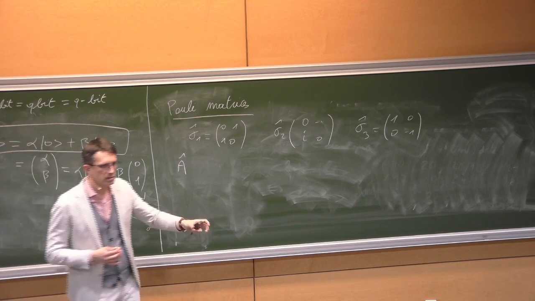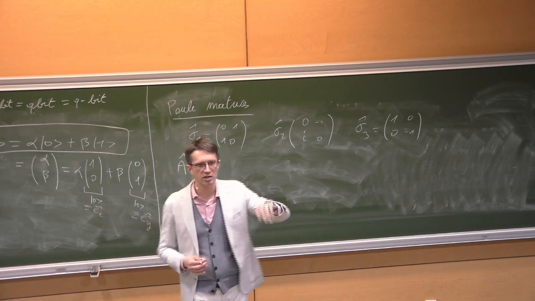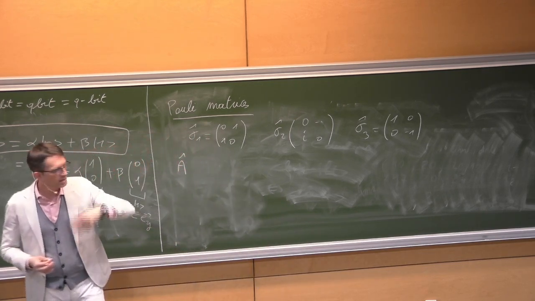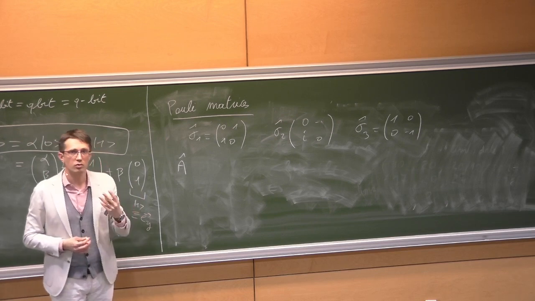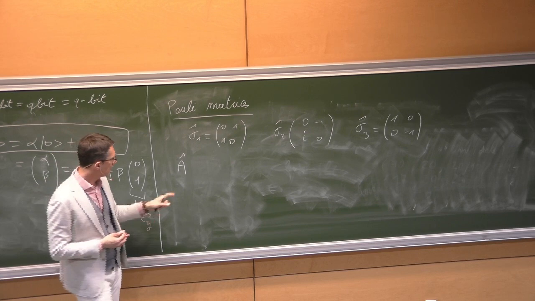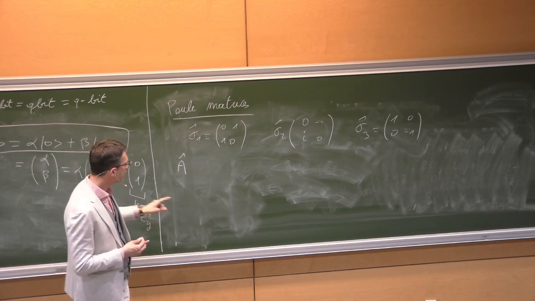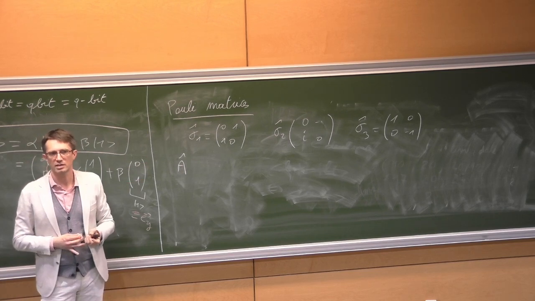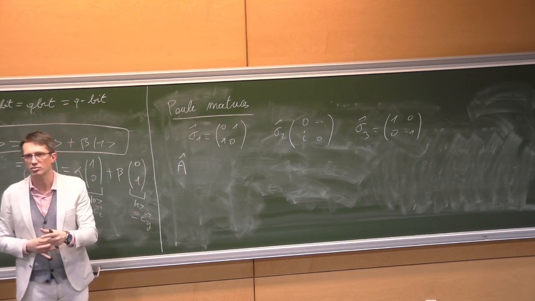We can use polarizers, we can rotate the polarization, we can transform it. And any of these transformations is what we call in quantum mechanics an operator. An operator in quantum mechanics is, as we will see, also a matrix. It can be represented mathematically by a matrix.